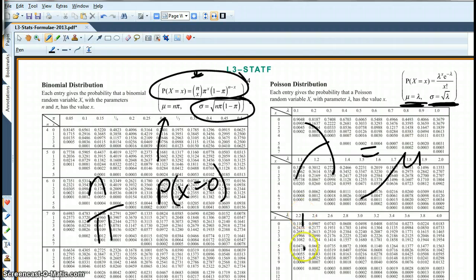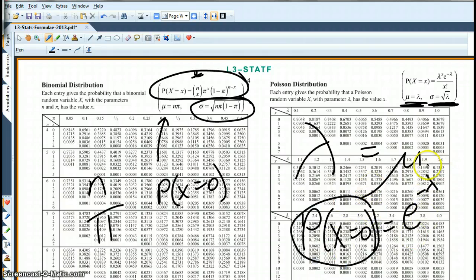And again, when we've got the probability of x equaling 0, lambda to the power of 0 is going to disappear, and the factorial is going to disappear, so I get e to the negative lambda. Okay, so if you're given this, you can find out lambda.